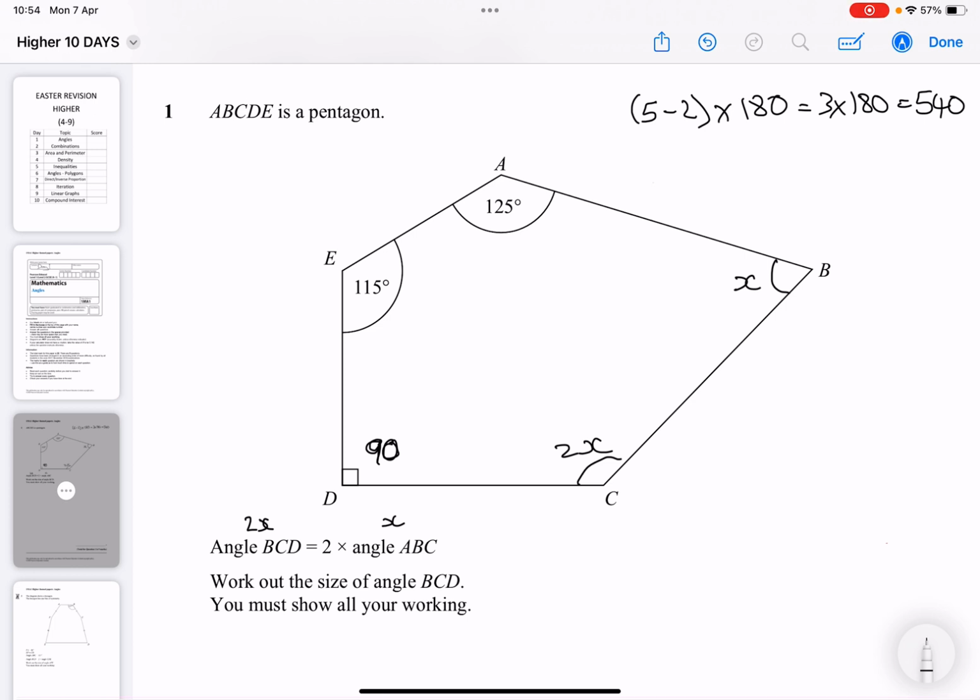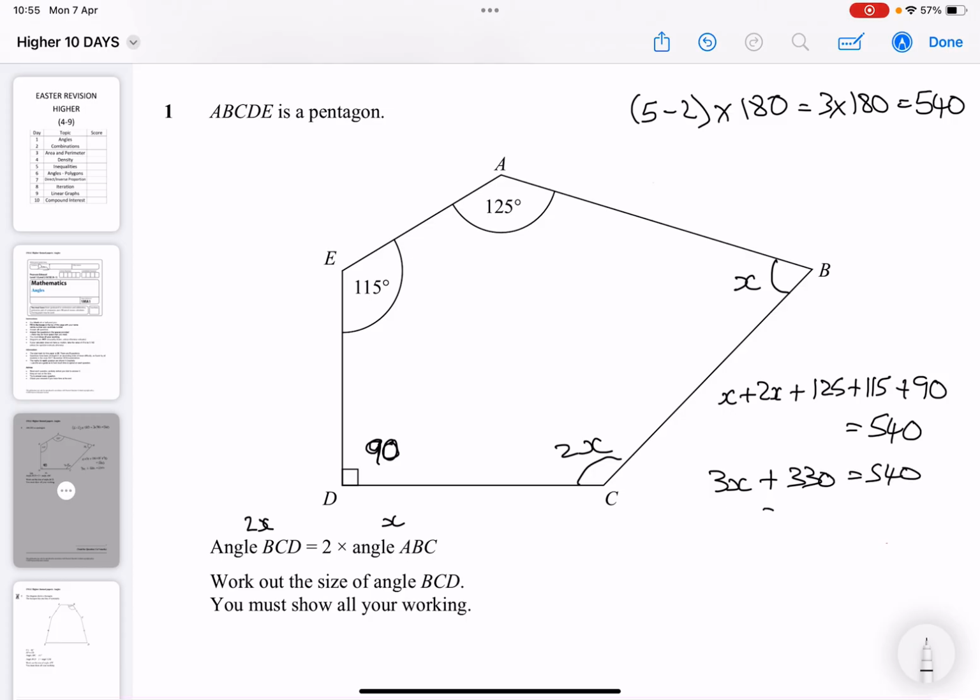What I can then do is form and solve an equation: x plus 2x plus 125 plus 115 plus 90 equals 540. That's 3x. 125 plus 115 is 240, plus 90, that is 330. So 3x plus 330 equals 540.